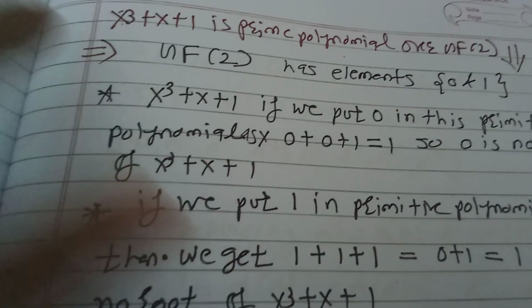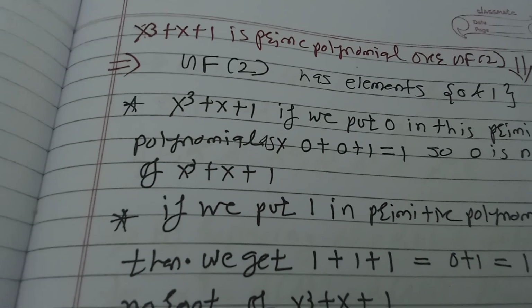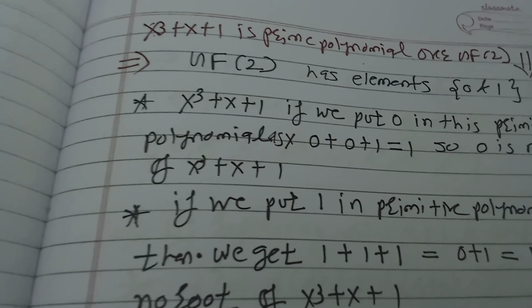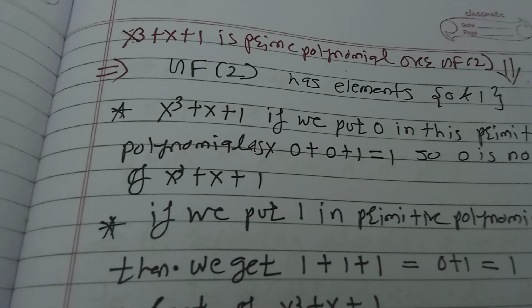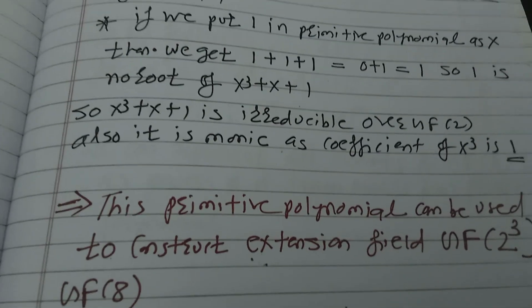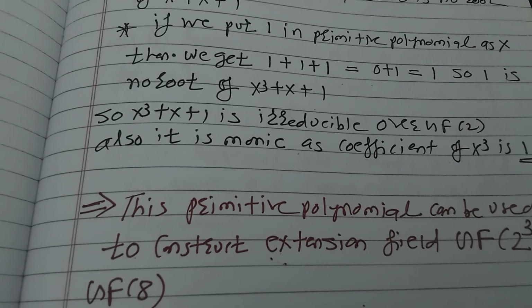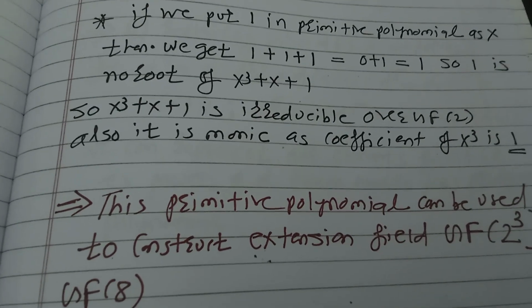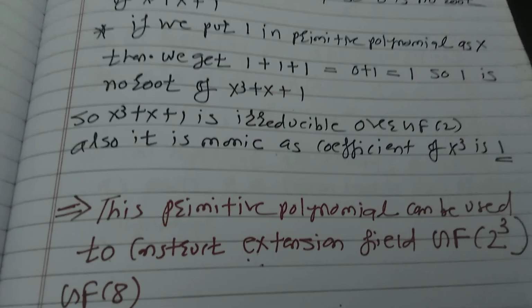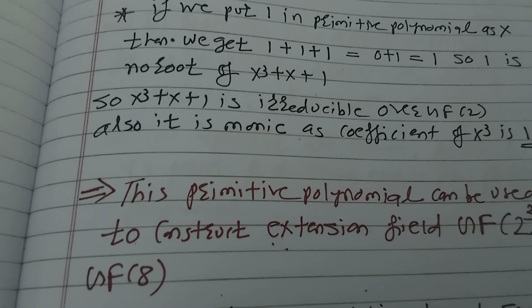If it is a prime polynomial, then we can use it to construct the extension field from Galois field 2. So we use it to construct the extension field Galois field 2 raised to 3, that is Galois field 8.